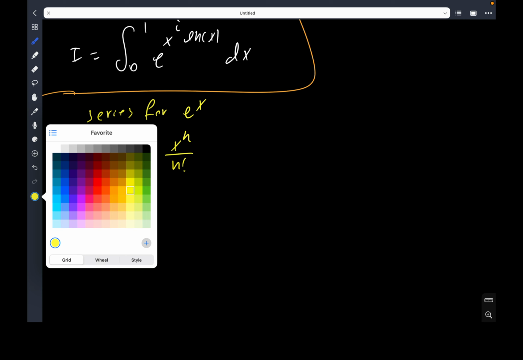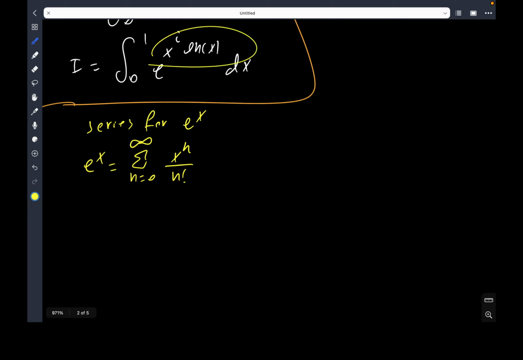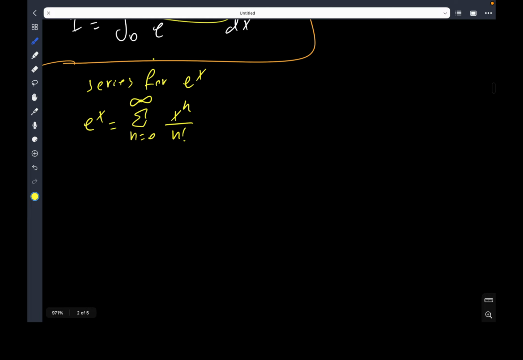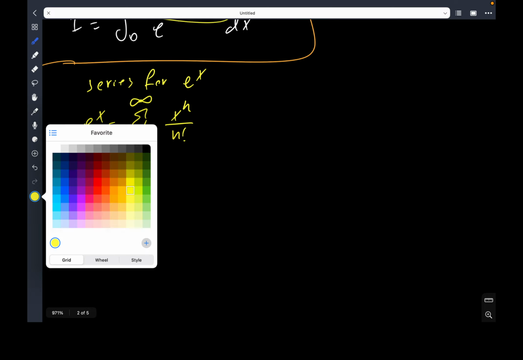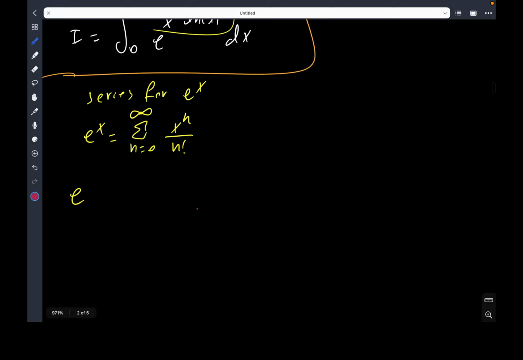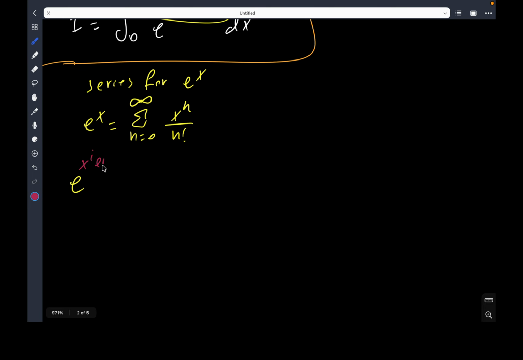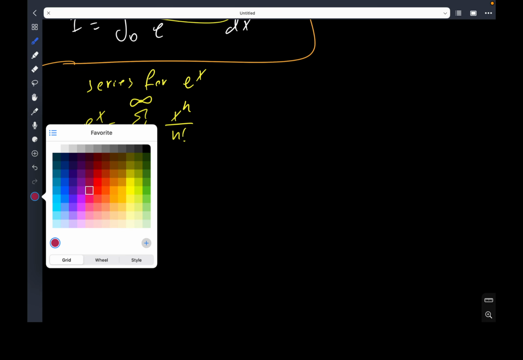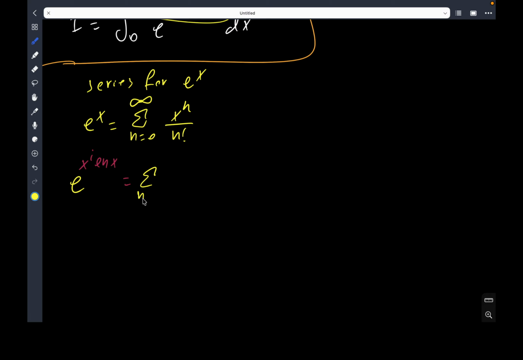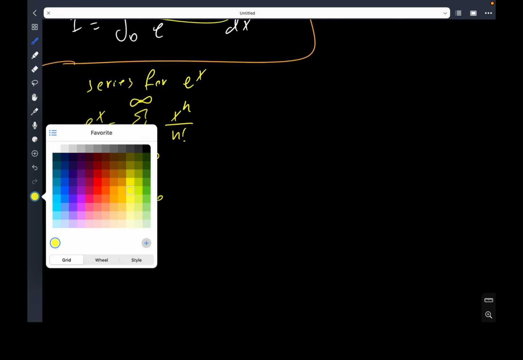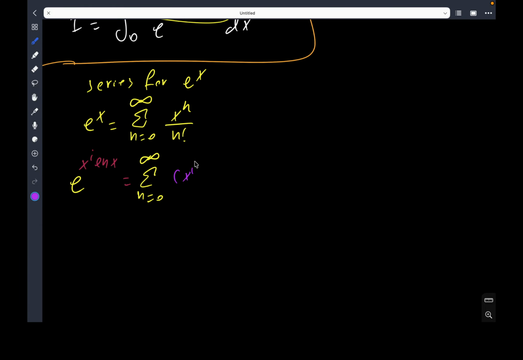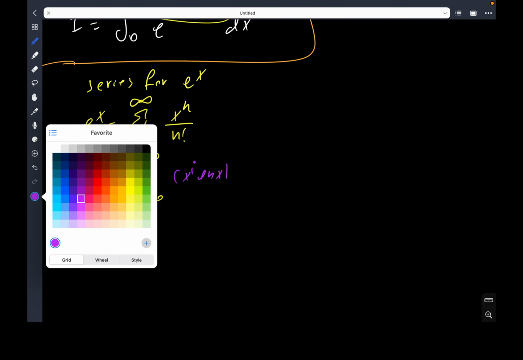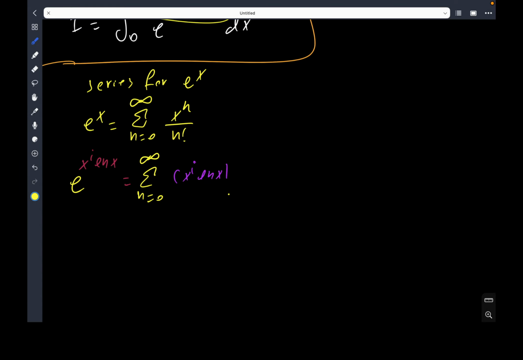And if I plug in x ln x here, I'm gonna get e to the x ln x to be equal to the infinite sum from 0 to infinity of x ln x to the power of n, the number that I had right here, over n factorial.